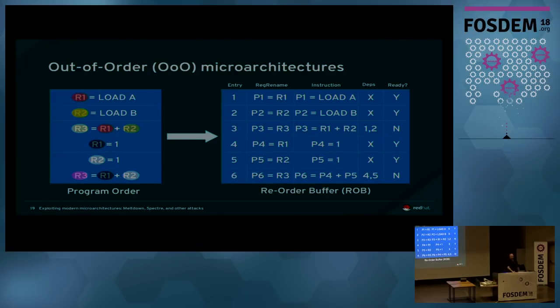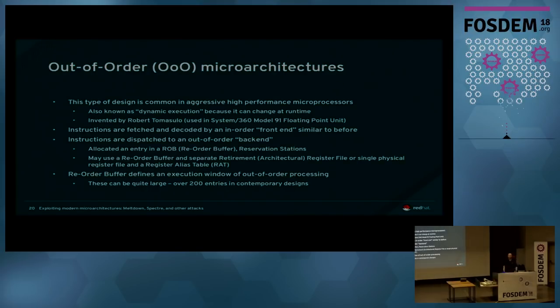And these can be quite large. So in a contemporary machine, for example, a Skylake processor, a recent x86 implementation from Intel, the Skylake microarchitecture has a reorder buffer that's 224 entries long. So that's quite a few instructions I might be ahead at any one moment.